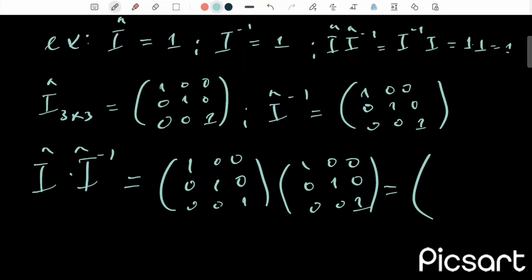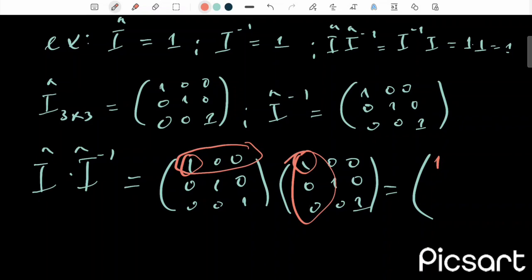Using the previous rule, where we multiply the first line by the first column, we have 1 times 1 is 1, 0 times 0 is 0, 0 times 0 is 0, then we have 1 plus 0 plus 0, we get 1.